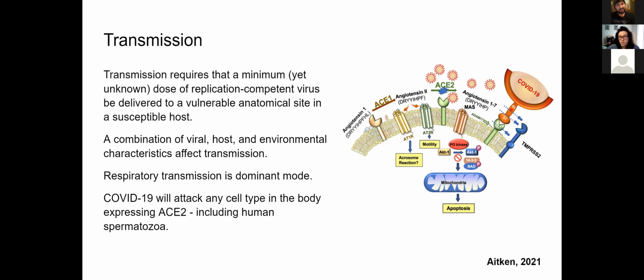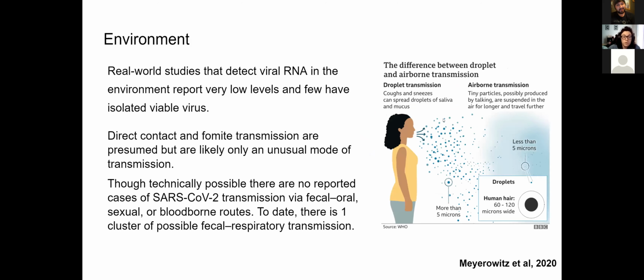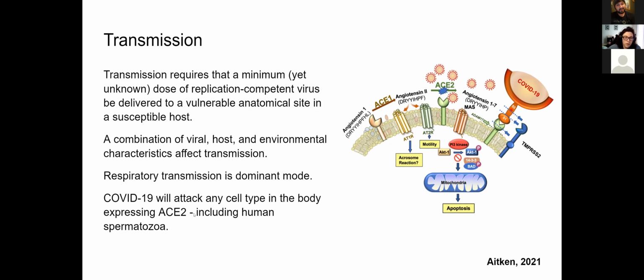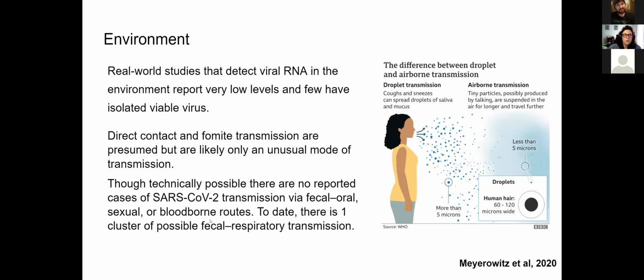It starts in the lungs. That's why everyone's hearing about lungs and ACE2. But because these receptors are found throughout the body, it can infect other tissue types, which is causing a lot of the short and medium-term symptoms that Michael was talking about, including, which I thought was interesting, human spermatozoa, which we may talk about in a little bit.